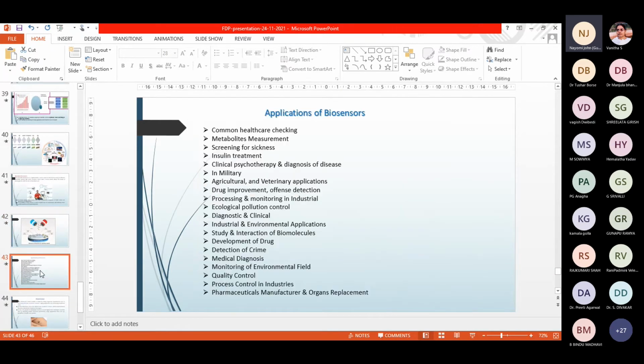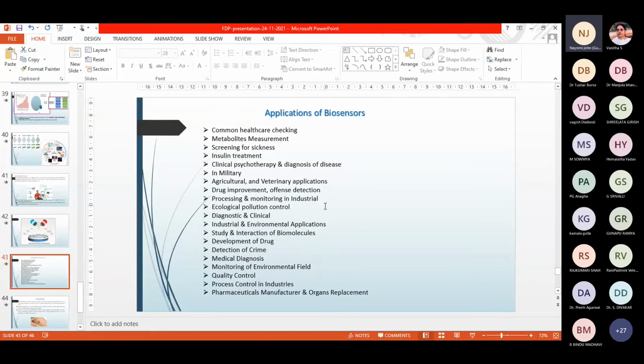And coming to the applications of biosensors, there is a list of applications: healthcare monitoring, metabolite measurement, for example glucose, screening of sickness, whether the person has altered or normal levels of many parameters, for example cholesterol or lipids, and triglycerides, insulin treatment, clinical psychotherapy and diagnosis of disease, military, agriculture, veterinary, drug improvement, and offense detection.